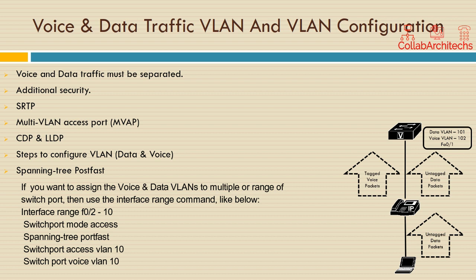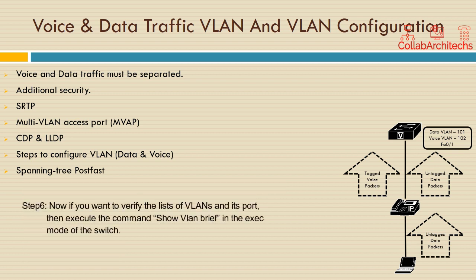Interface range F0/2-10 means you are configuring the switch ports from range 2 till 10 with those VLAN IDs, and execute the commands switchport mode access, spanning-tree portfast, switchport access vlan, switchport voice vlan, etc. Now in step 6, if you want to verify the list of VLANs and their ports, then execute the command show vlan brief in the exec mode of the switch.